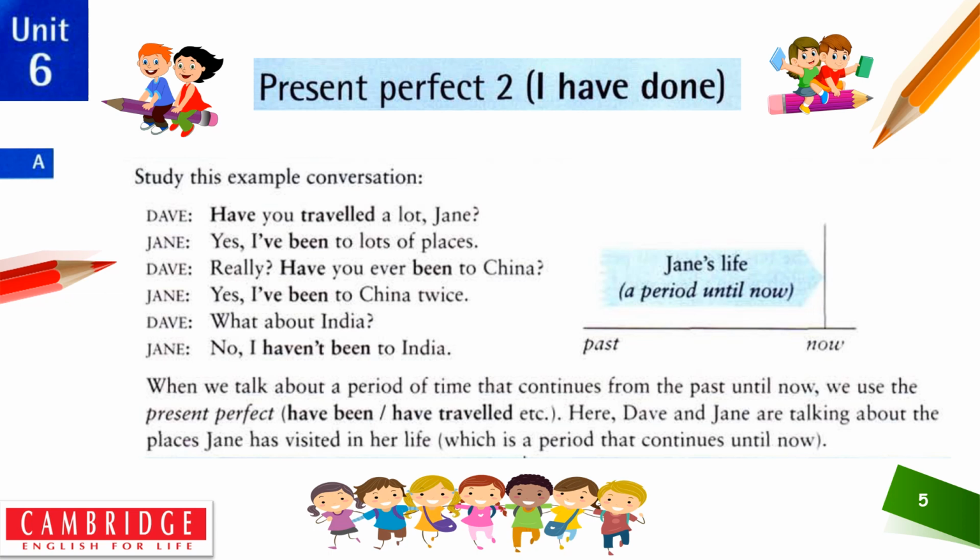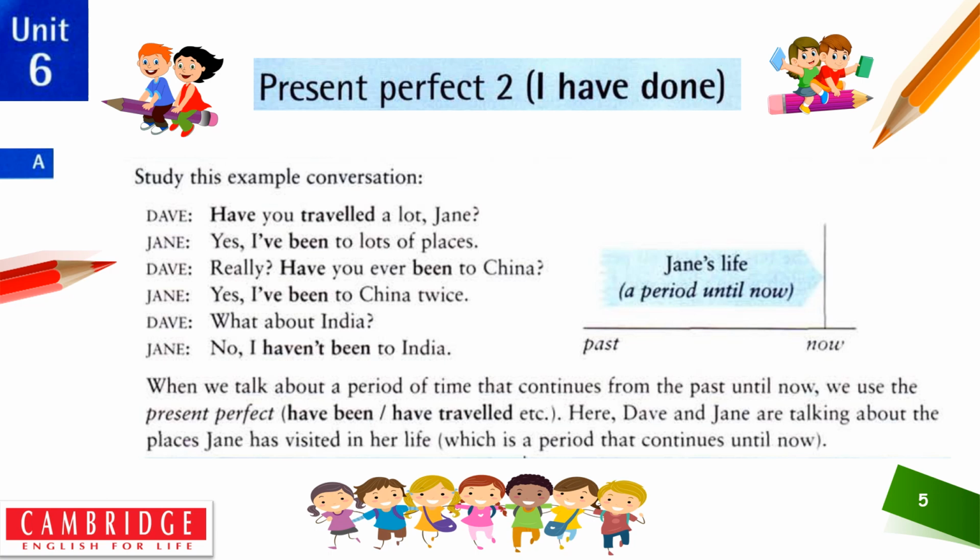So what we try to understand here is that the action happened in the past, but the effect is still there. You can see the diagram here, a beautiful diagram. The action happened in the past. What was the action? Traveled. But what is present now? The effect is present now. A period until now.